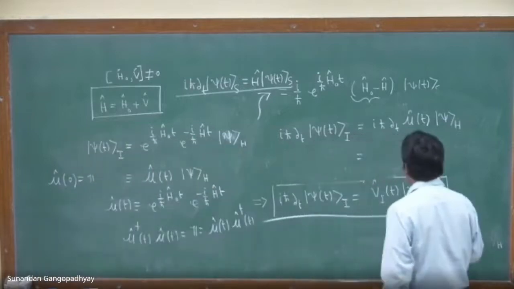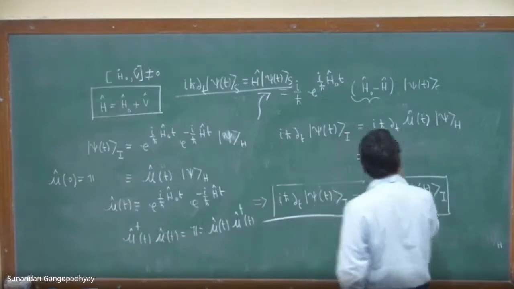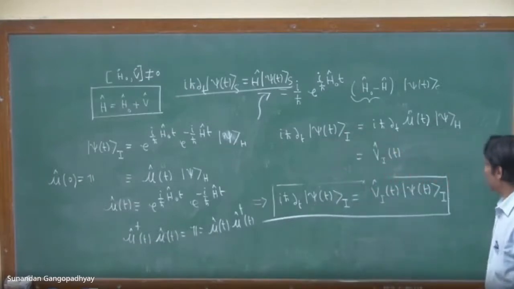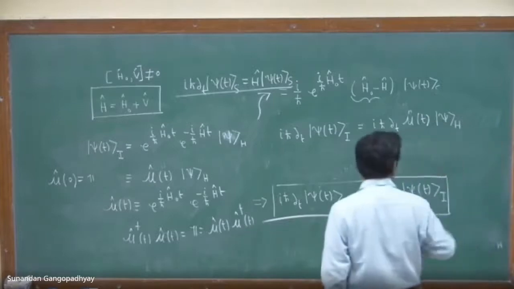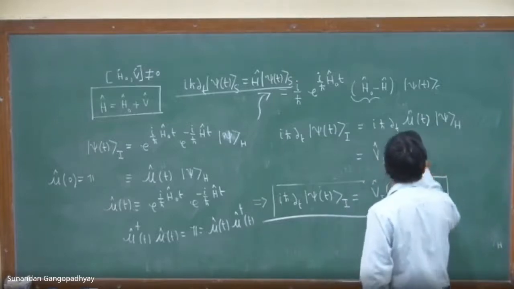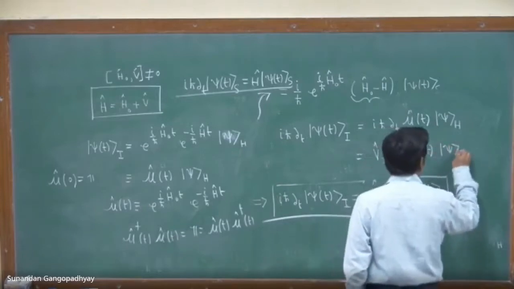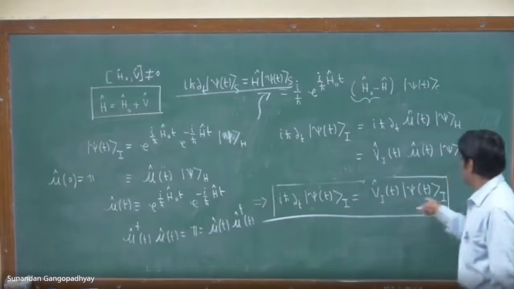According to this equation, this is equal to V hat I t, the interaction operator in the interaction picture, times psi I, which is nothing but U hat t psi H by definition.